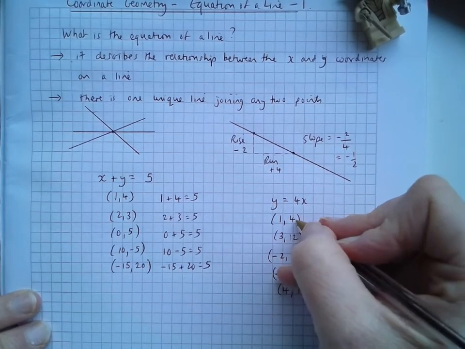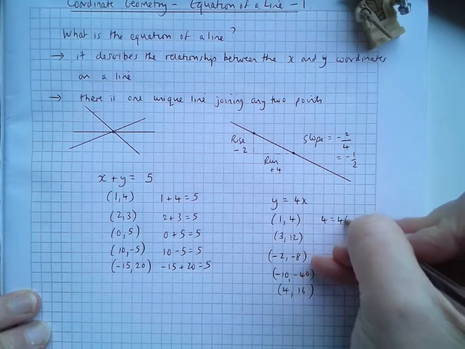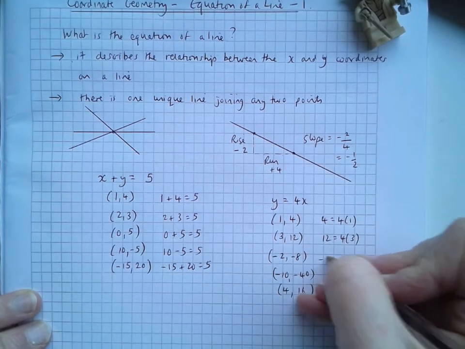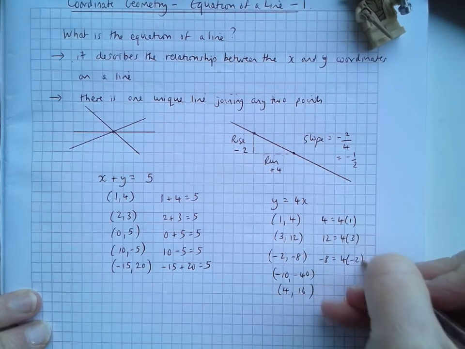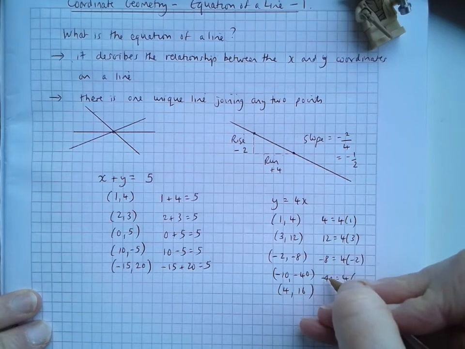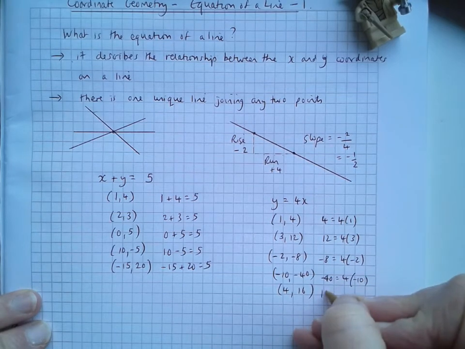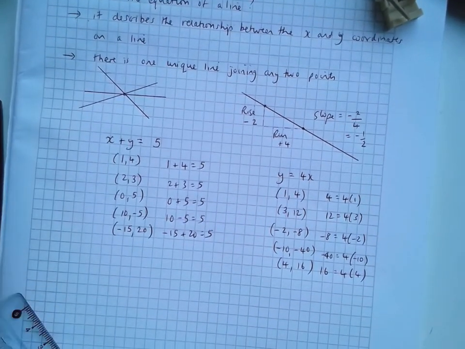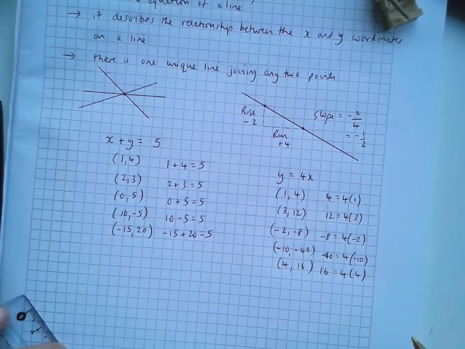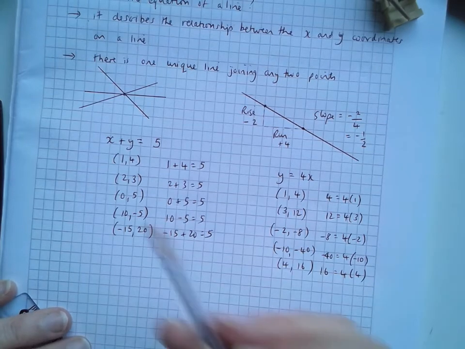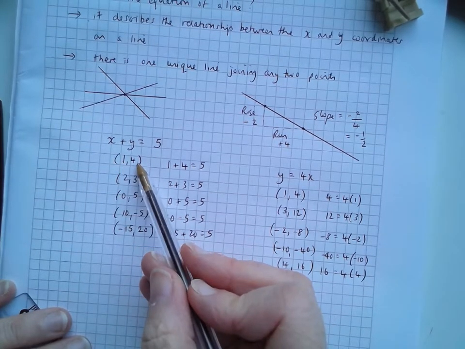Because the y value is equal to 4 times the x value, and that's true for all these points. So that's what the equation of a line does. It describes the relationship between the x coordinate and the y coordinate on a line.